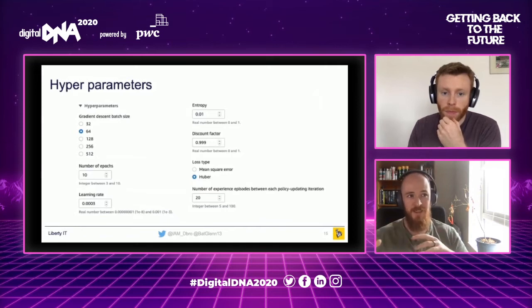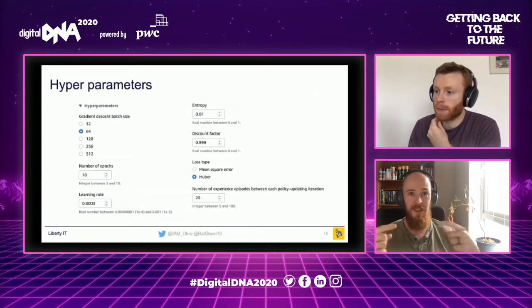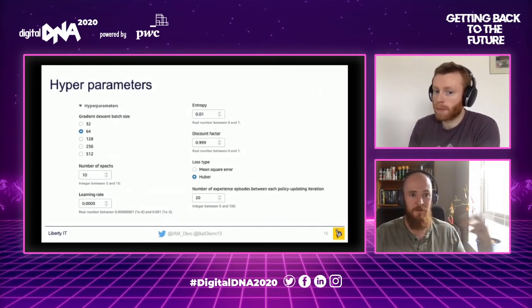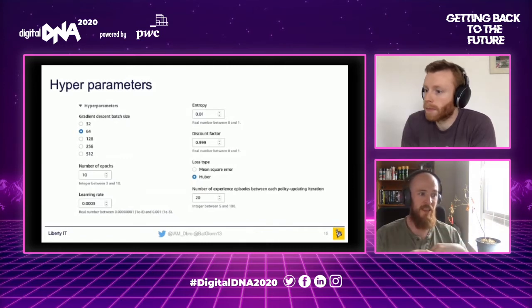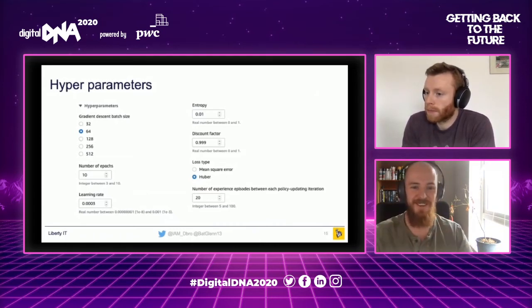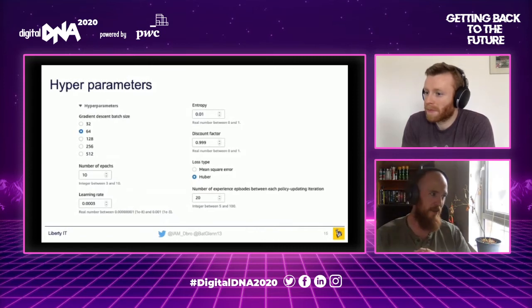Obviously, the more of these that you have, then the model's going to take longer to learn because it only updates what it knows about the world and the track every however many iterations you put in here. So if you put 5, then every 5 times the car starts and stops, it'll update your model. But it won't really learn that much because there's only 5. If you set it to 100, it'll learn plenty, but it'll take ages for that to actually happen.